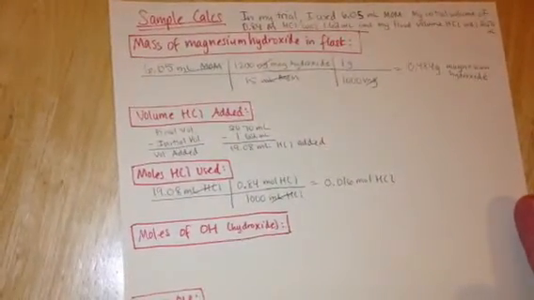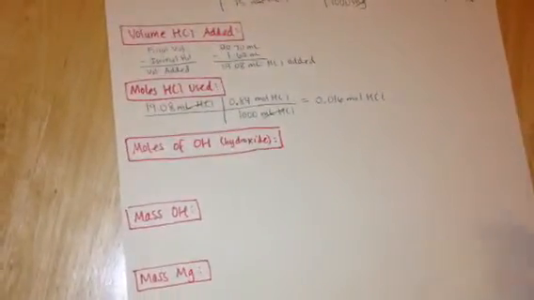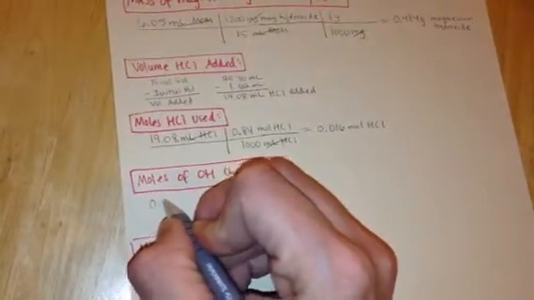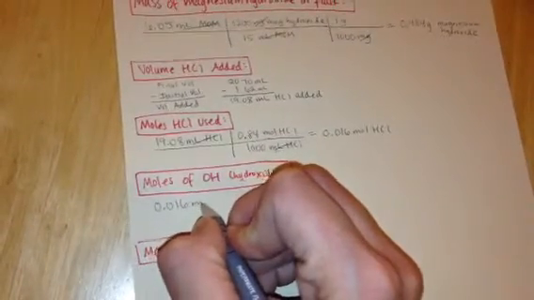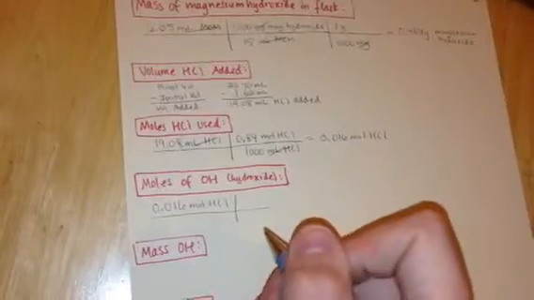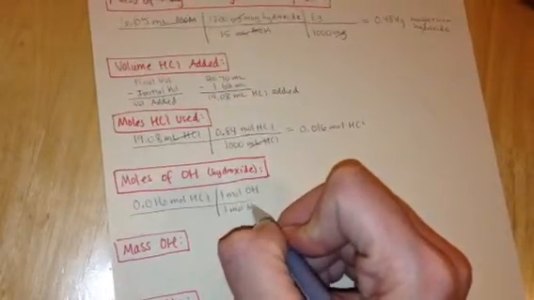After moles of HCl used, which is the first line in section B, results, you need to figure out moles of OH, which is your hydroxide. Moles of OH is related to your moles of HCl. Start with your 0.016 moles of HCl. And page 1 of your handout, or the directions for this lab or the background, tells you that there's 1 mole of OH for every 1 mole of HCl.